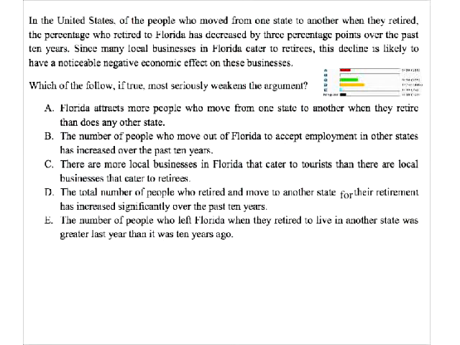Of the people who moved from one state to another when they retired, the percentage who moved to Florida has decreased by 3 percentage points over the past 10 years. Since many local businesses in Florida cater to retirees, this decline is likely to have a noticeable negative economic effect on these businesses. Okay, so notice that this problem features a percentage.